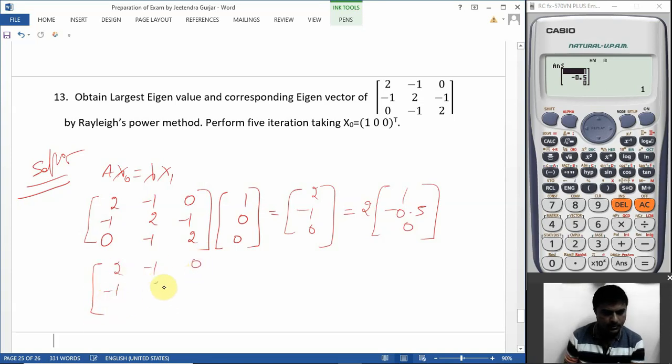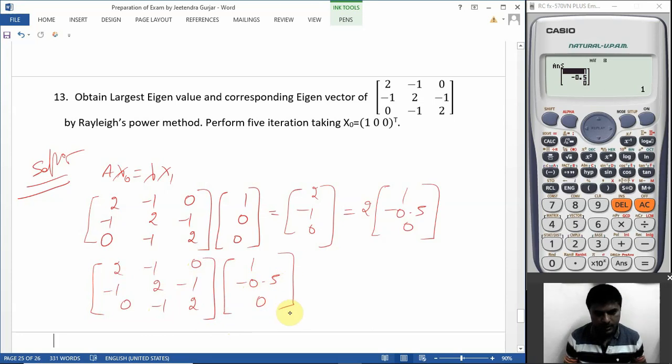Please repeat this procedure once again, so that you will get the values in this form. So you must get these values, friends. So next, again substitute the matrix. These values are 1, -0.8, 0.2, right? Then use the calculator.